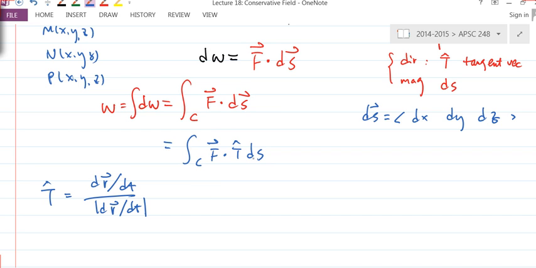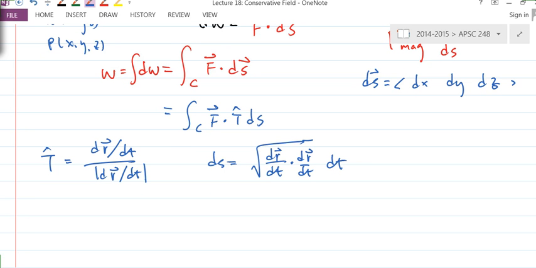And ds is the arc length, as we derived in the previous lecture. It's the square root of dr over dt dot dr over dt, times dt. So then if you plug t hat and ds in here, we end up with a slightly different formula now, right?